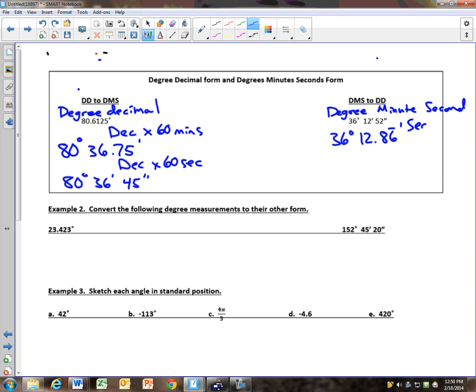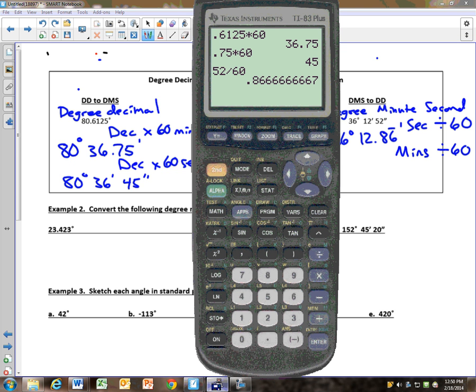We take seconds and we divide by 60. Now we're going to take the minutes and we're going to divide by 60. So we have 12.86 repeating minutes.